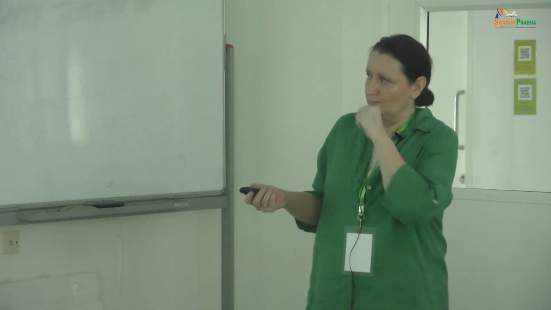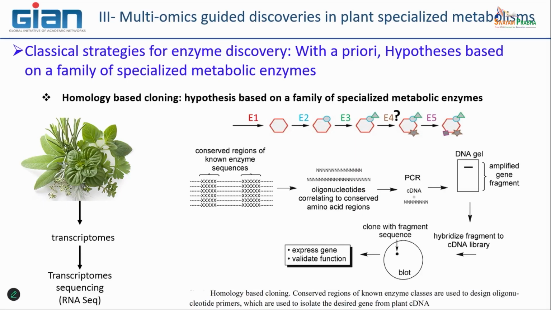This is because we think it is a way to have expressed all the genes encoding the metabolic pathway at this moment. After this screening, you can have some clones that have fragments of the gene, and this way you can rebuild the entire sequence of the genes.